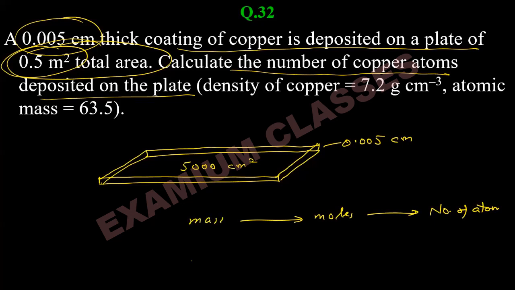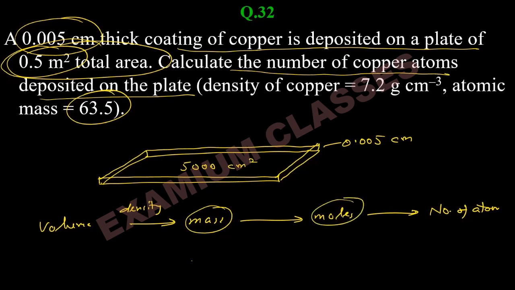Mass divided by molar mass will give you moles. What you can calculate here is volume, and volume with the density can give you mass. Mass divided by molar mass will give you moles. Moles multiplied by Na will give you the number of atoms.